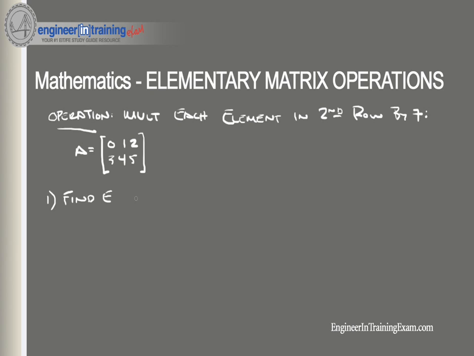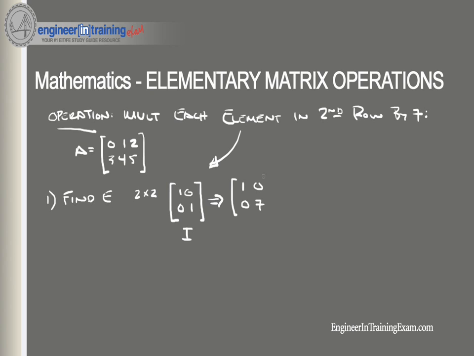Our identity matrix, since there are 2 rows, is going to be a 2 by 2 identity matrix, which is 1, 0, 0, 1. Now we need to multiply each element in the second row by 7. So our new matrix will be 1, 0, 0, 7, and that is our elementary row operator E.